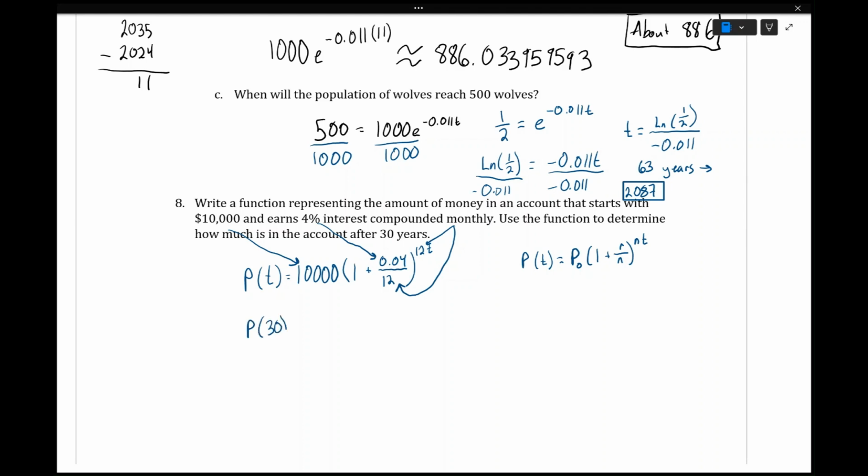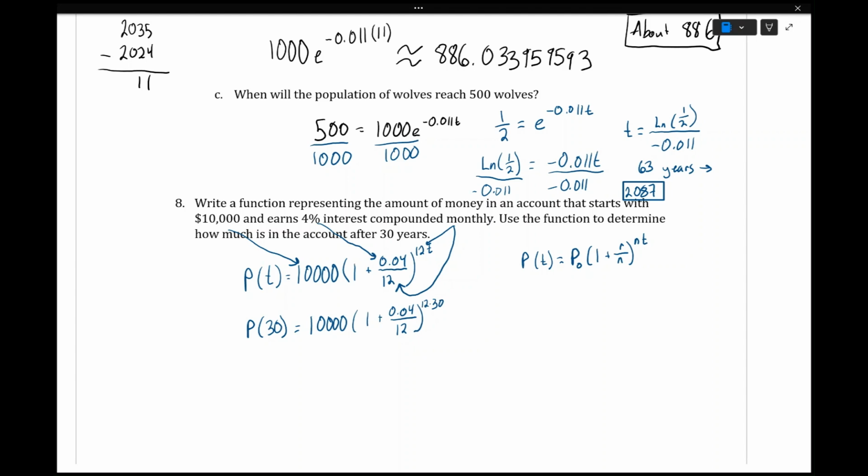Well, I'm going to put 30 in, and I'll do 10,000 times 1 plus 0.04 over 12 to the 12 times 30 power. Now, I don't know about you. I can't do that in my head.